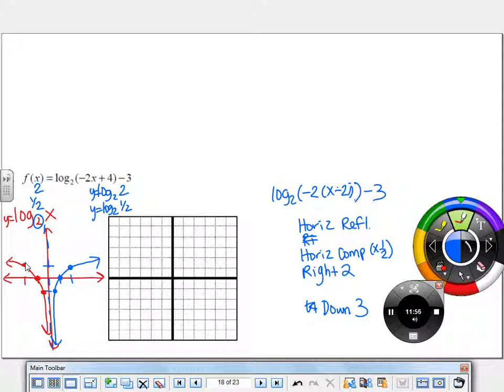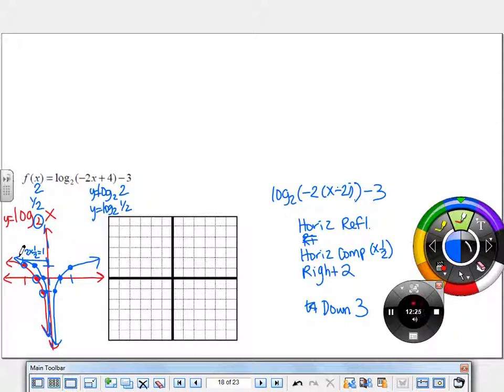So this point right here was 2 units away from the asymptote horizontally. We're going to take that 2 units, multiply it times 1/2, and move that point so it's only 1 unit away from the asymptote, so here. So this point that was 1 unit away will now only be 1/2 a unit away, and this point that was 1/2 a unit away is now only going to be 1/4 of a unit away. So there is our new curve, horizontally compressed back towards the asymptote.